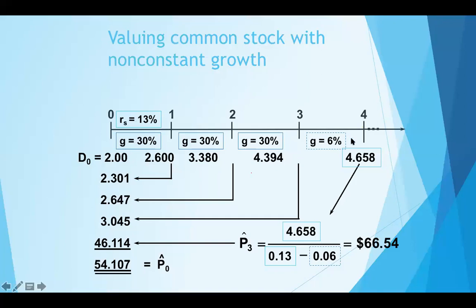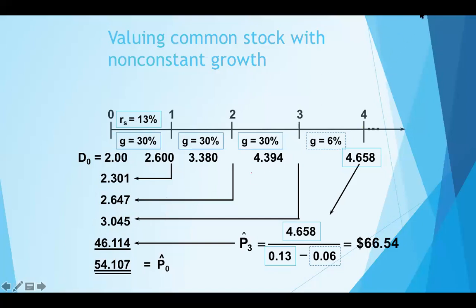So this will equal 2.30. Okay. Second year, 3.38 divided by, again, 1 plus 13% squared this time, and you'll find 2.64. Third year, do it manually.